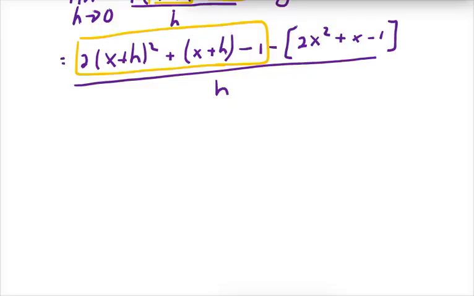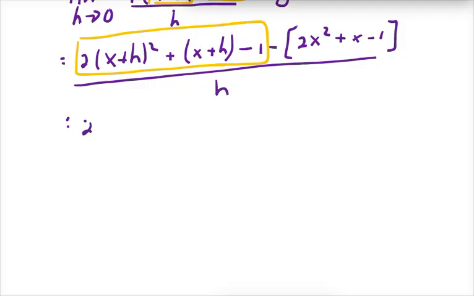So first thing I'm going to do is expand out this term, and let me see what I've got here. So it's 2 times (x plus h) squared. So I'm going to expand this.